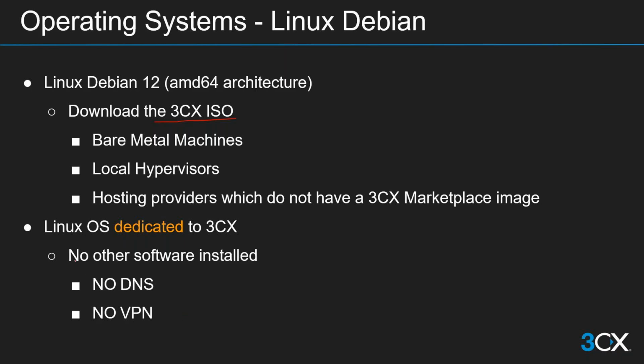We have to be aware that the Linux operating system has to be entirely dedicated to 3CX, so no other software running on there, no other software installed afterwards. No DNS, no VPN, and others.